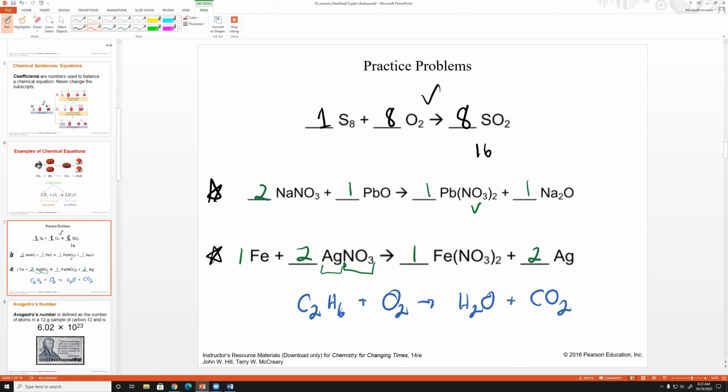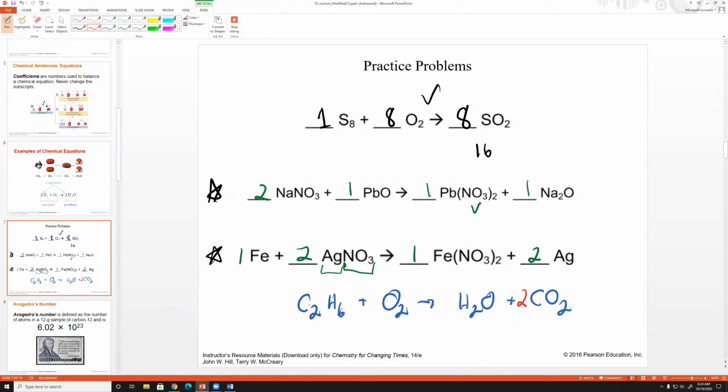And keep in mind, this is as hard as it would get. So if you're a little stuck, that's okay. All right. So C2, right? Let's look at the right side. Where's carbon? Right here. C2 and just C. So we have to put 2 right there. Okay.